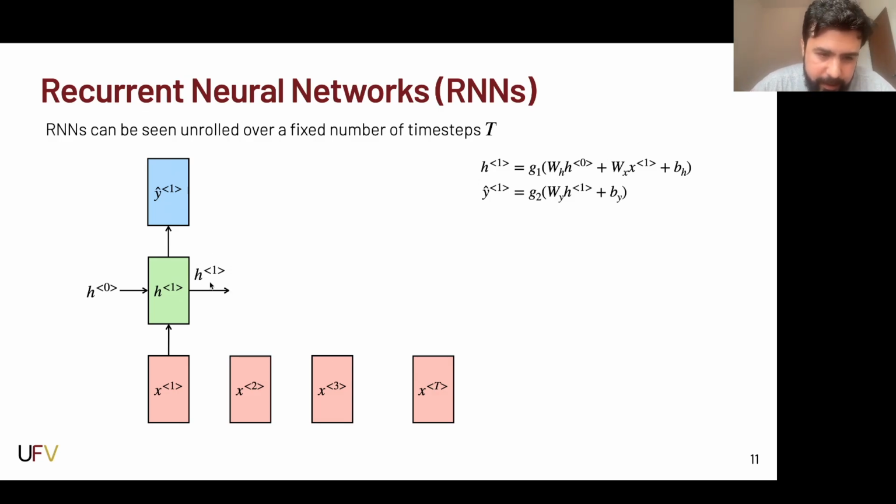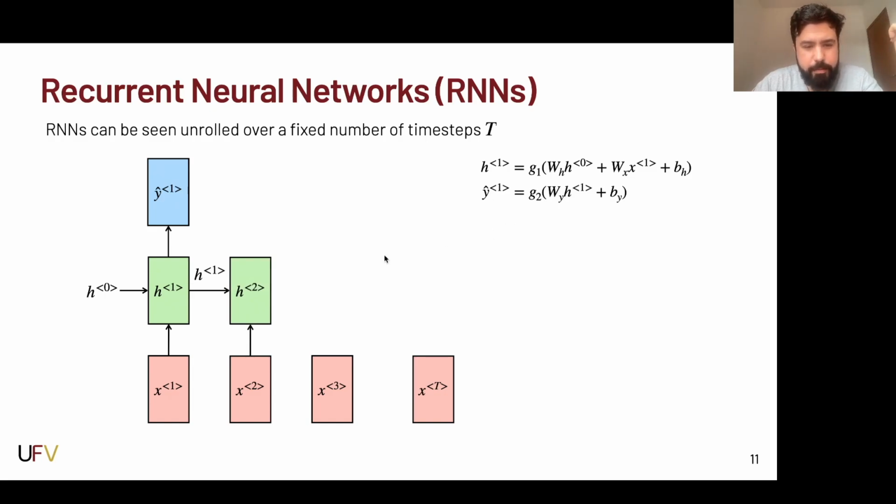This is updated with this equation: h1 equals g1 of W h h0 plus Wx x1 plus b h. And h0 is just zero. These matrices are started randomly, as in MLPs. Your x1 really depends on your input, and your bias term is normally initialized with zeros, though you can initialize it randomly as well. Then you produce the output with this equation as we just saw, but I'm just showing it over time now.